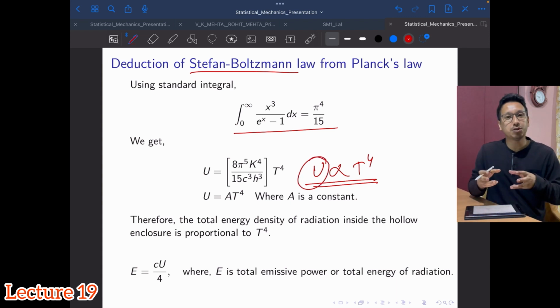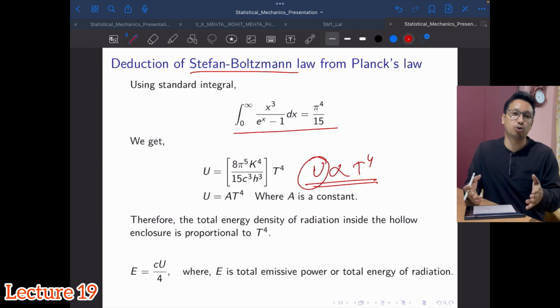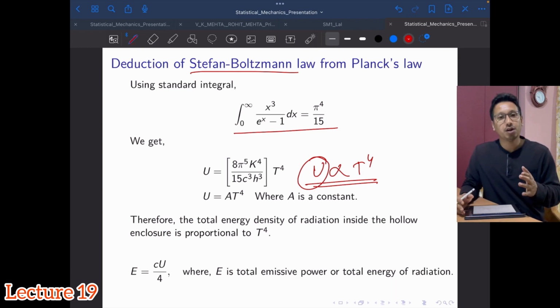The total energy density present within the black body, meaning the enclosure, right? So this must be somehow related to the amount of energy that a black body can emit, isn't it? So the total energy density must be proportional to the emissive power of the black body.